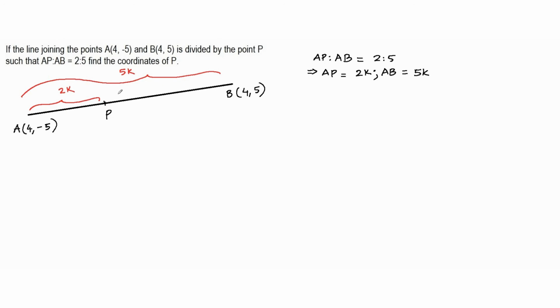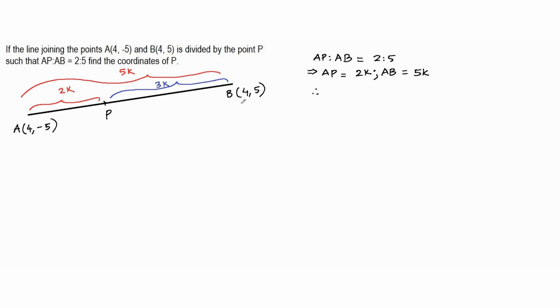And therefore, from this I can say that the length PB is going to be 5k minus 2k, which is 3k. Because the whole length is 5k and AP is 2k, that implies PB is 3k.